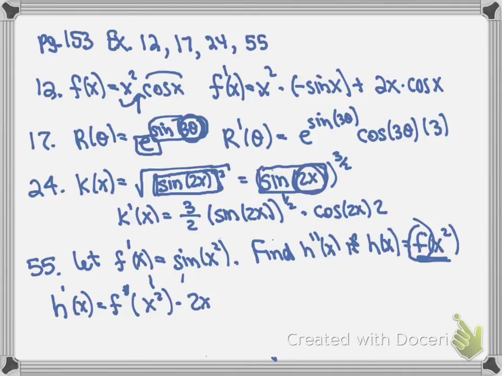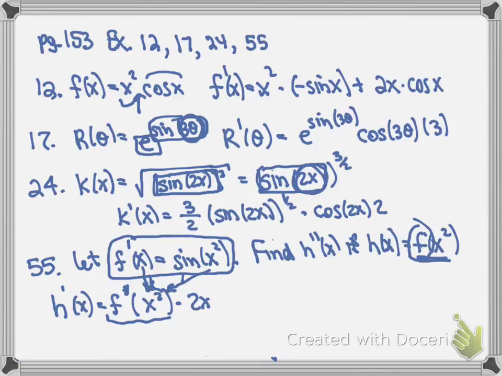Now, I'm going to substitute for this expression here, f prime of x squared. Notice above it tells me what f prime of x is. f prime of x is sine x squared. Therefore, to find f prime of x squared, every time I see an x, I put an x squared.